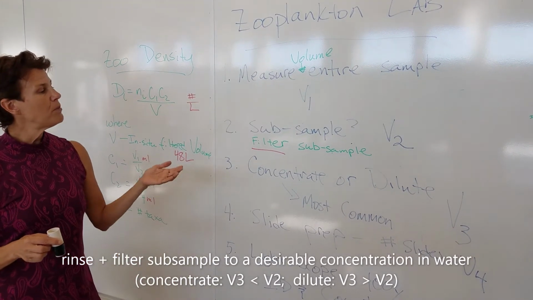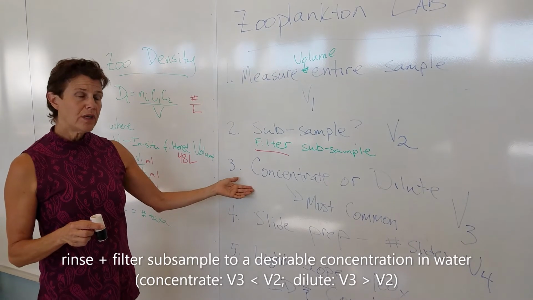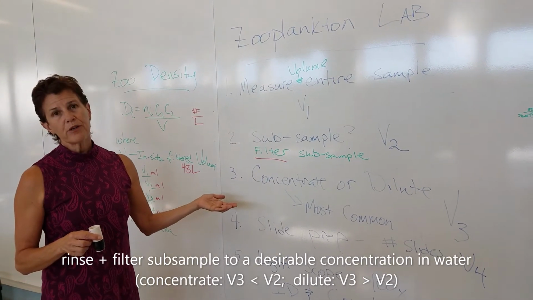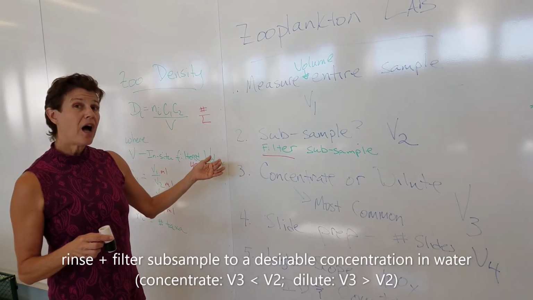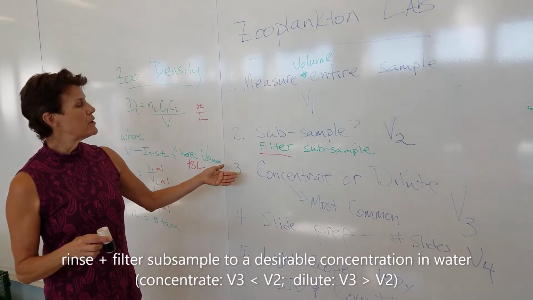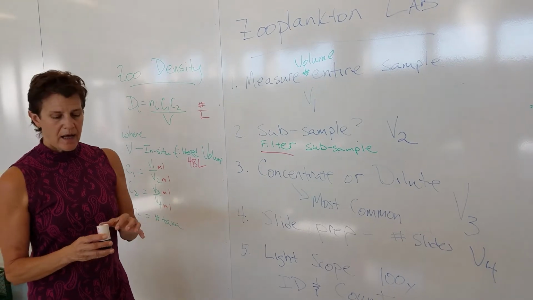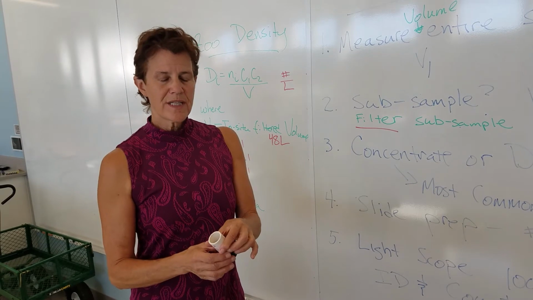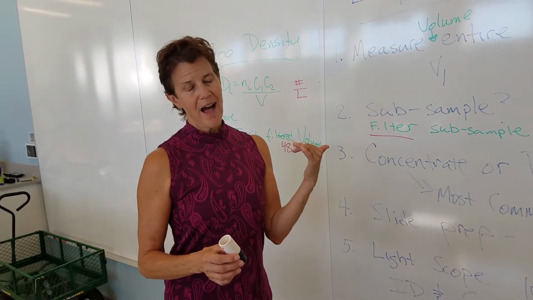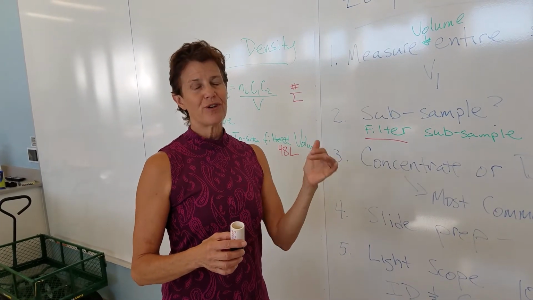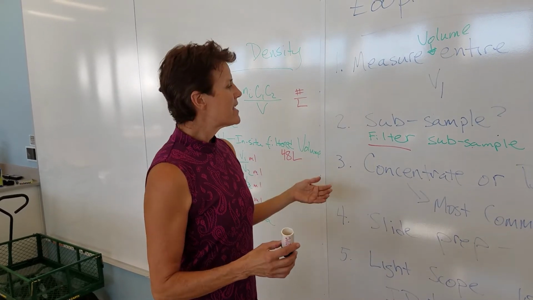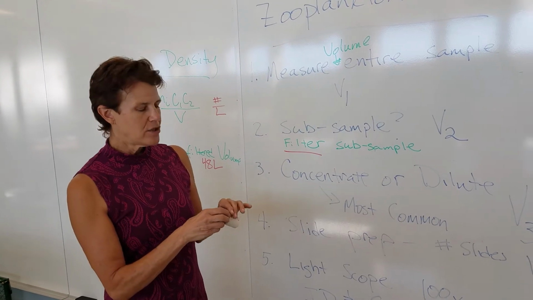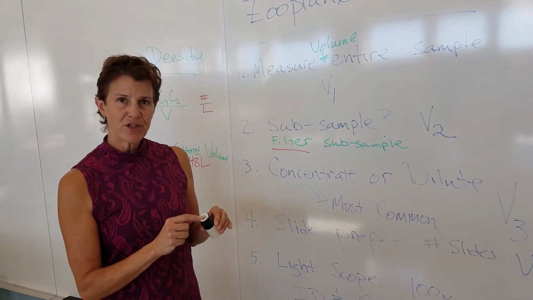And then we're probably going to concentrate that sample. So what I would do normally with a 200 milliliter subsample is I would concentrate it to 50 milliliters. To do that, all my critters are going to be on this filter. And just like when we were out at the site and we backwash the filter into the 1 liter bottle, in this case we're doing a micro version of that, and we're going to backwash into a graduated cylinder.